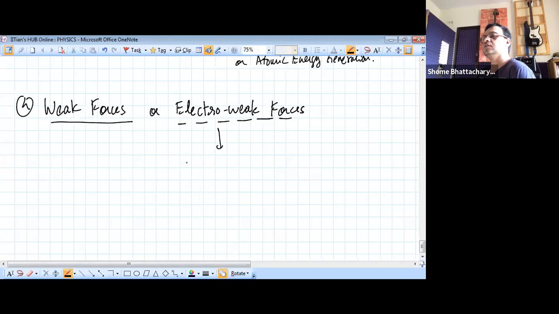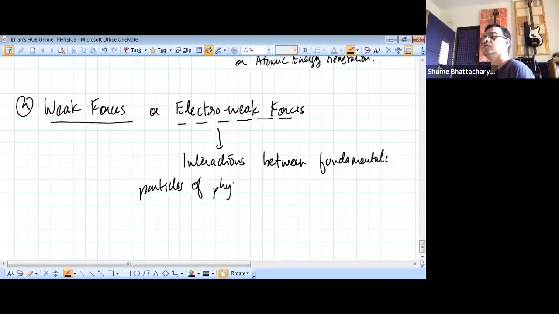These are the interactions between the fundamental particles of physics that are the building blocks of all matter.